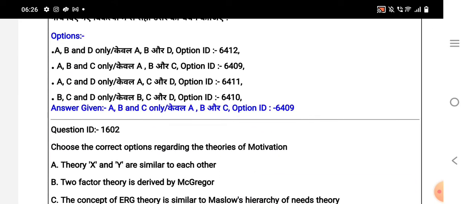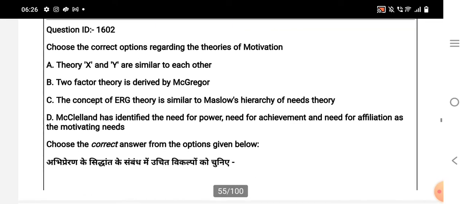The next question is choose the correct options regarding the theories of motivation. So theory X and Y are similar to each other. So this is wrong because theory X and Y are opposite to each other. Two factor theory is derived by McGregor. ये भी wrong है because two factor theory is derived by Herzberg.